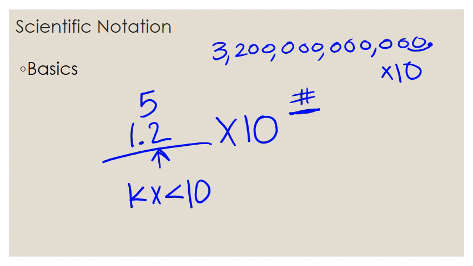I'm going to move the decimal 1, 2, 3, 4, 5, 6, 7, 8, 9, 10, 11, 12 places, which would get me to 3.2. 3.2 meets the requirement of being between 1 and 10. It's a positive 12 because it's a large number. Remember, when it's a very small number is when the exponent is negative.